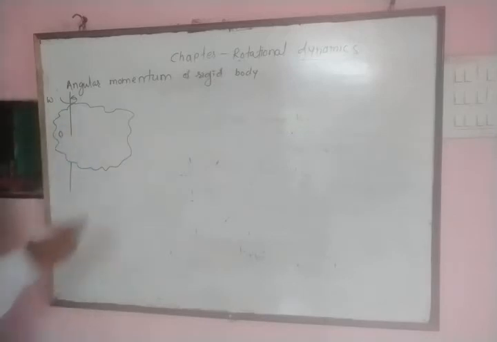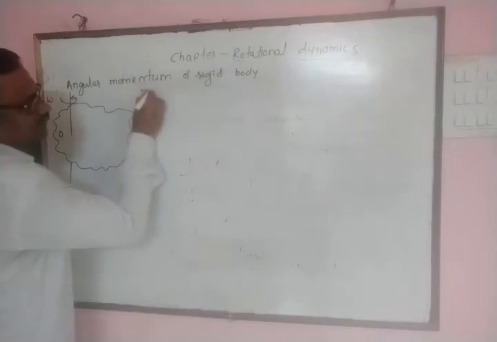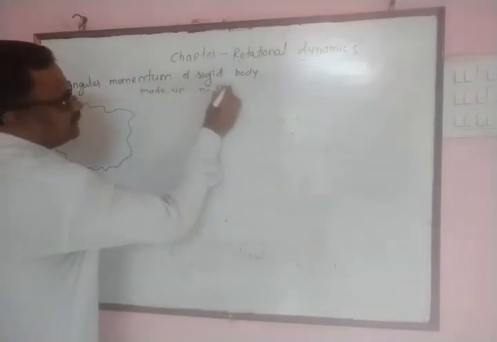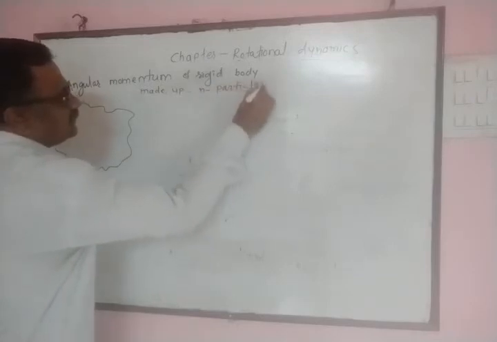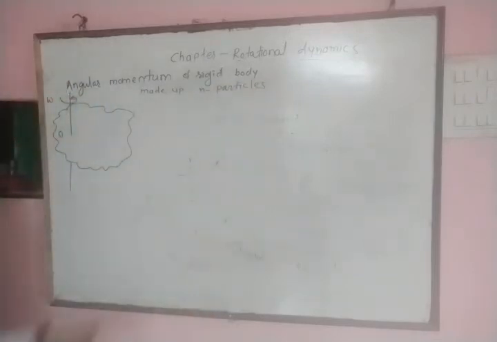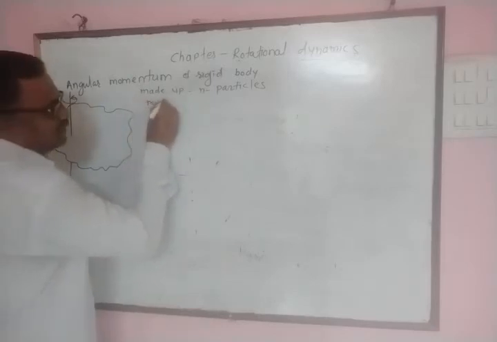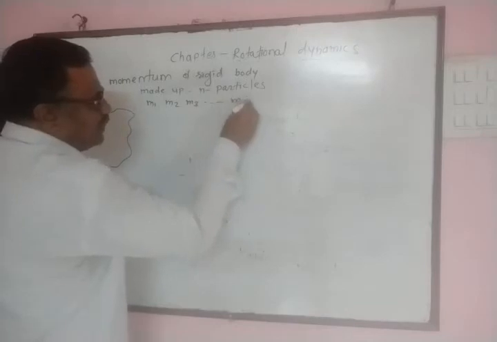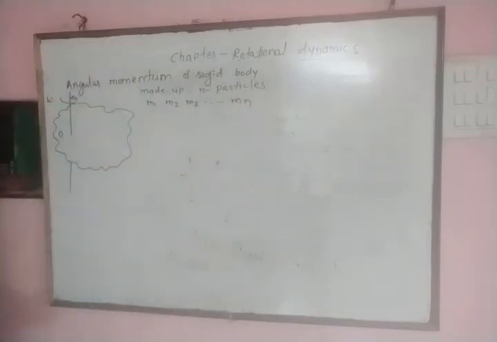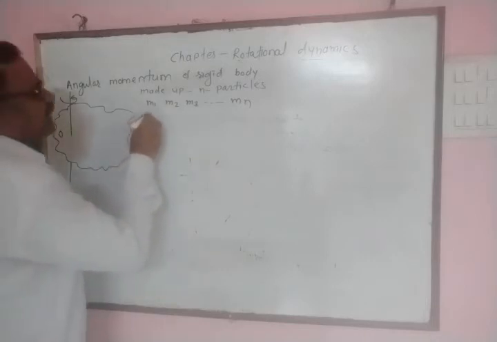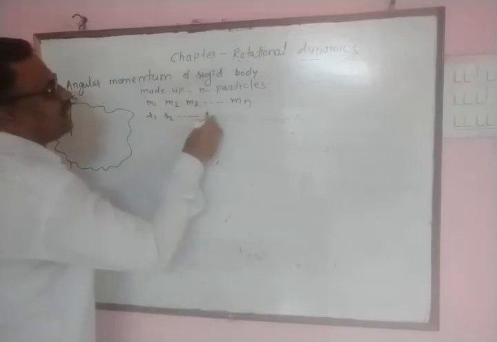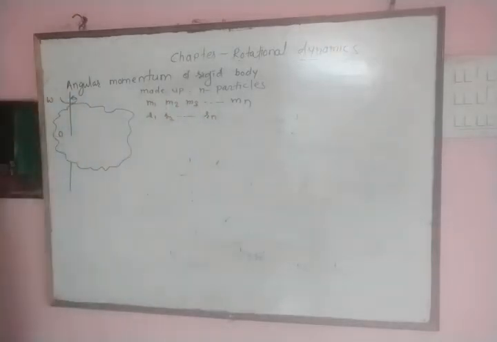Suppose this body is made up of n number of particles. Let M1, M2, M3 and so on up to Mn represent the masses of the n particles, present at distances r1, r2 and so on up to rn from the axis of rotation.